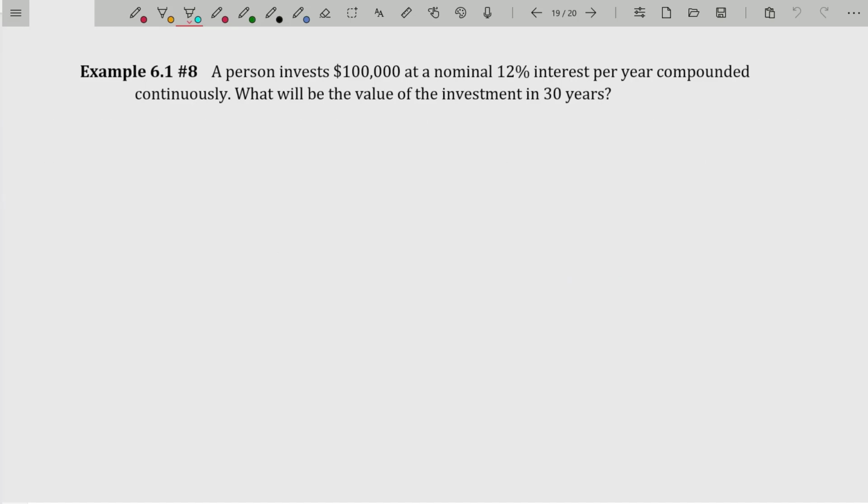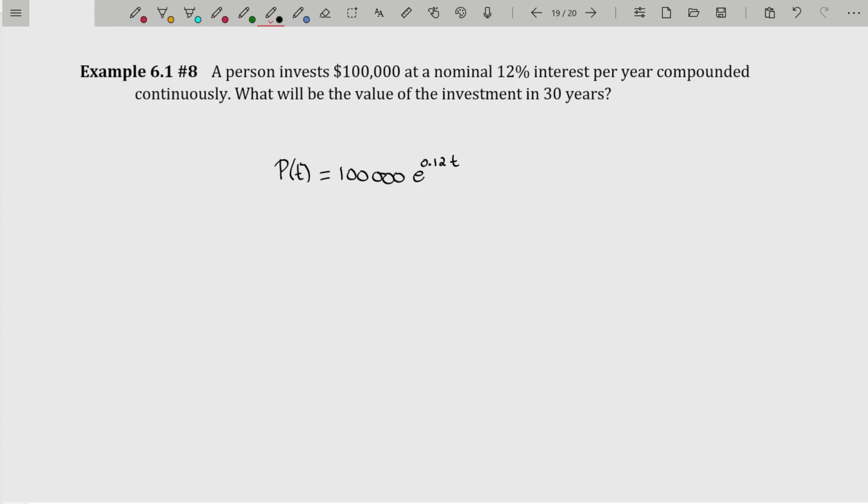A person invests $100,000 at a nominal 12% interest rate per year, compounded continuously. Well, right there, I have pretty much everything I need. I know the initial investment was $100,000. E to the rate was 12%, so 0.12 t. That's it.